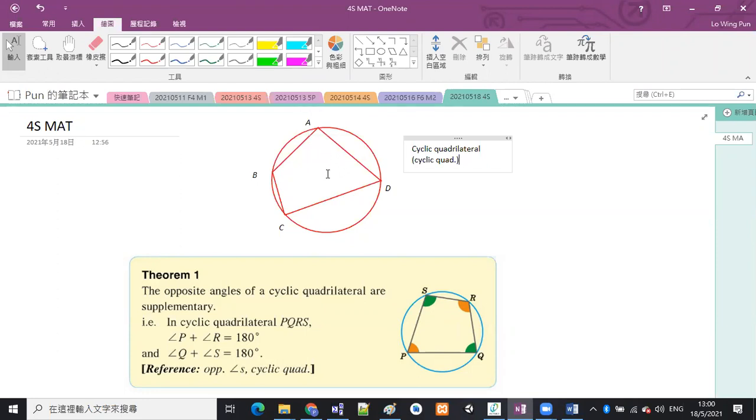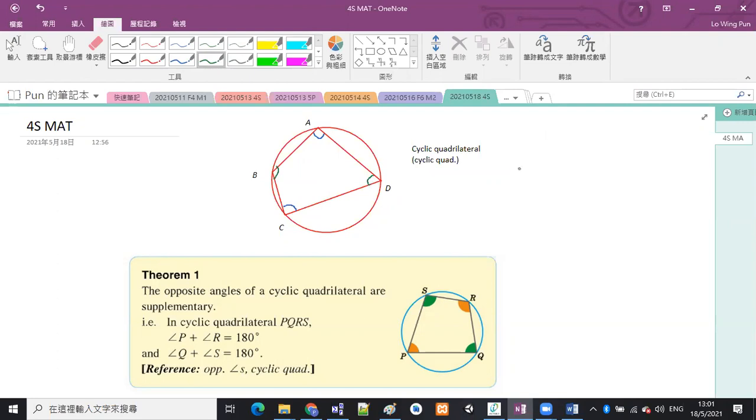So there are four angles, and then we have two pairs of opposite angles. So we are considering the opposite angles. Angle A is opposite to angle C, and angle B is opposite to angle D.